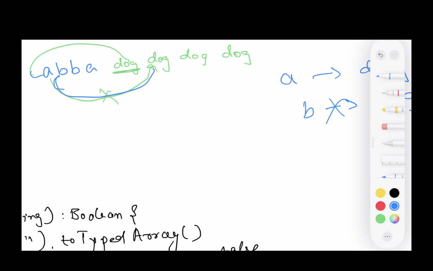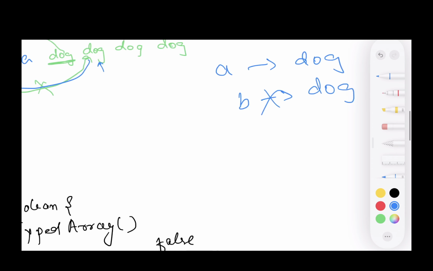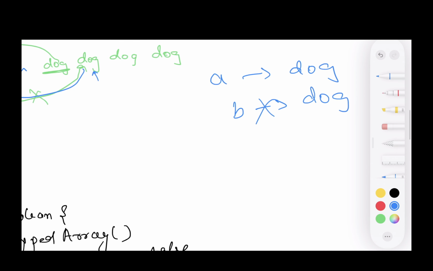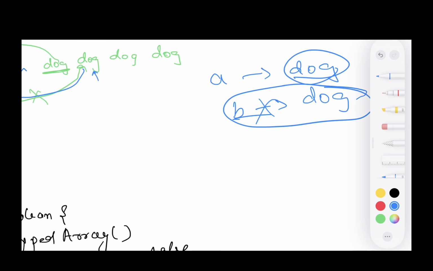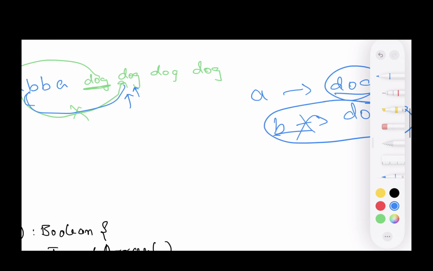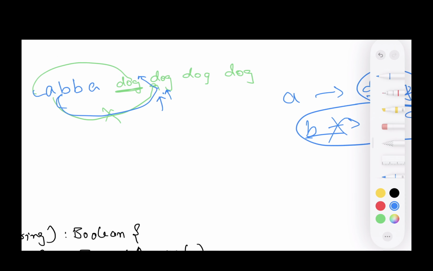Both are trying to map to dog. But when we try mapping, and you find the same value in the map, say for example dog, before adding this to the map, first check whether the value is contained. When we are at this index, if this value already exists in the map, we can say okay, it exists.